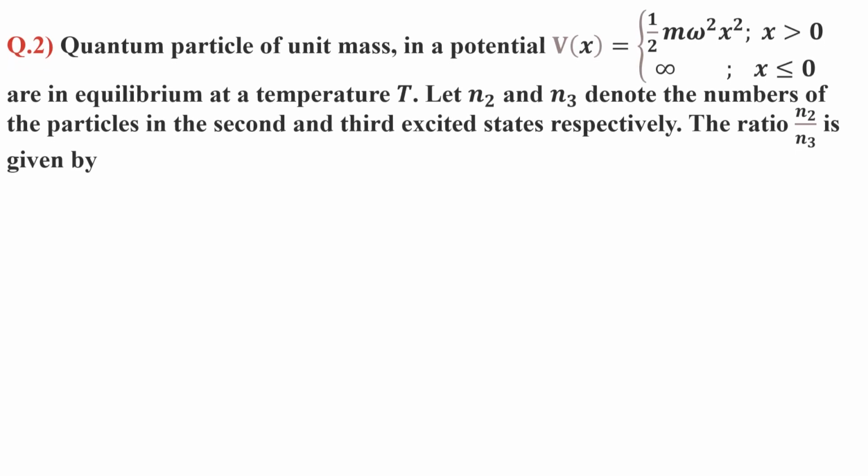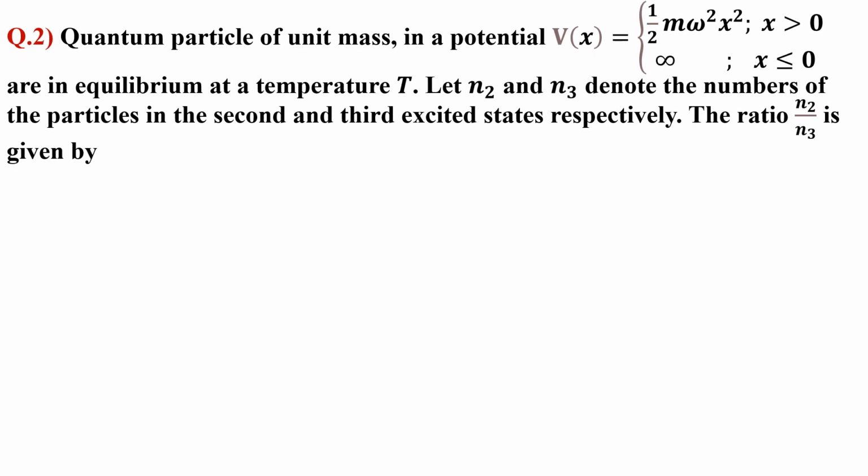Question 2. A quantum particle of unit mass in a potential V of x equals half m omega square x square when x is greater than 0, and infinite when x is less than or equal to 0, is in equilibrium at a temperature T. Let N2 and N3 denote the numbers of particles in the second and third excited states respectively.